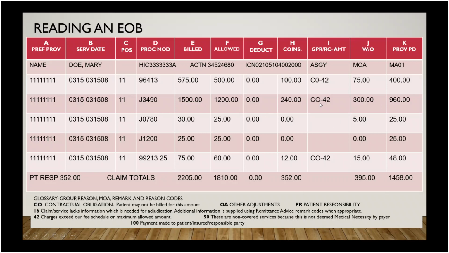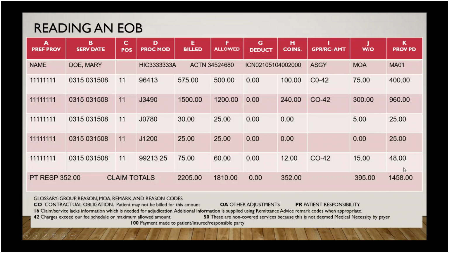Because it's a contractual agreement, it's telling us that the overage, the difference between what the provider bills and what they allow the insurance company, they cannot balance bill that patient. So $300, because that's the difference between 1500 and 1200, and then 75 and 60 is $15. So this is the amount the doctors cannot bill for.